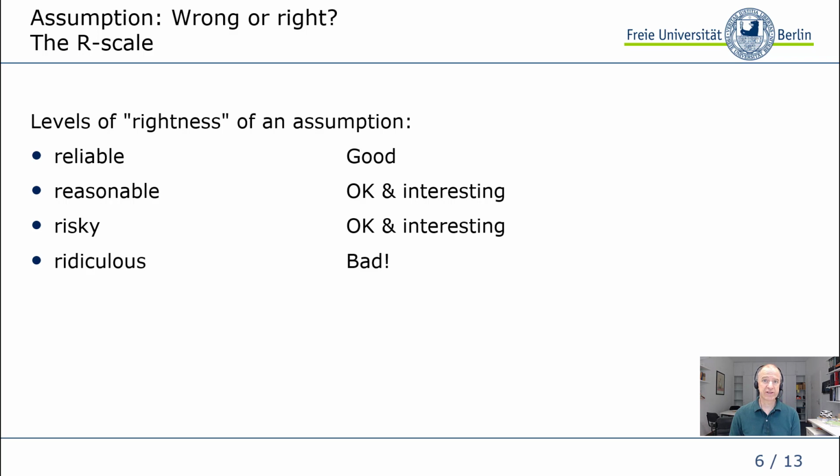Or it could be risky, where we scratch our heads and are not so sure if the assumption is really correct. Or it could be ridiculous, where the assumption, as everybody can agree, is probably total nonsense and not correct. And obviously ridiculous assumptions must not be made, but reasonable and risky assumptions are okay, but they need discussion.